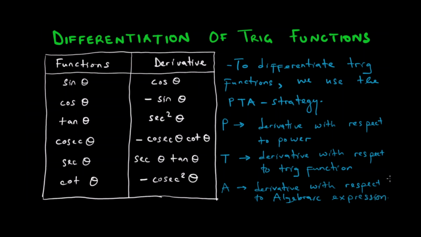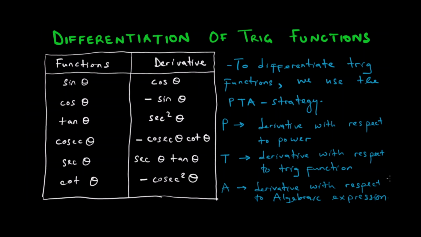So you should be writing this in your notes so that as we go on and point to the board, you can look at it as we explain how it is done. To differentiate trig functions, we use the PTA strategy. P stands for derivative with respect to power. T stands for derivative with respect to trig function.